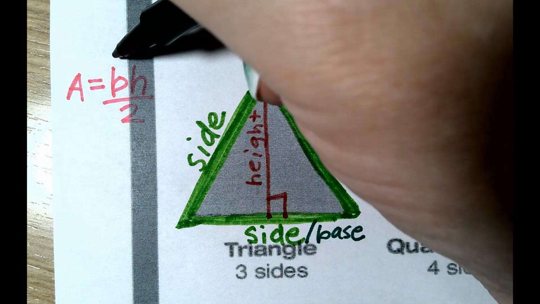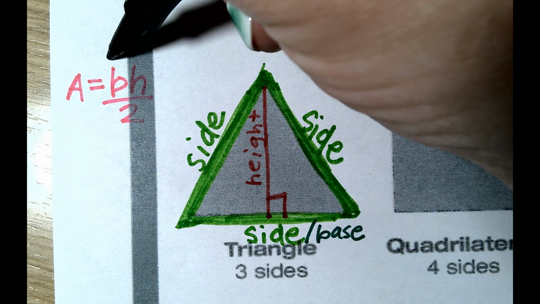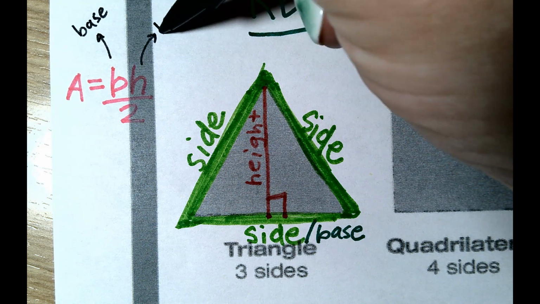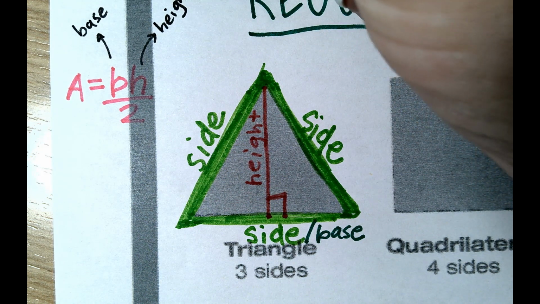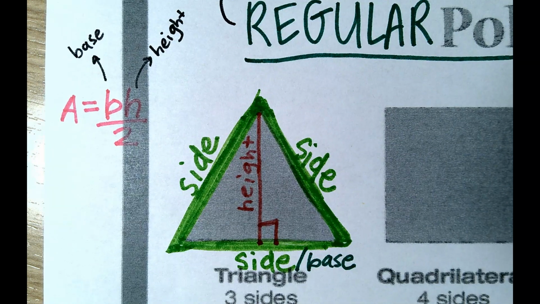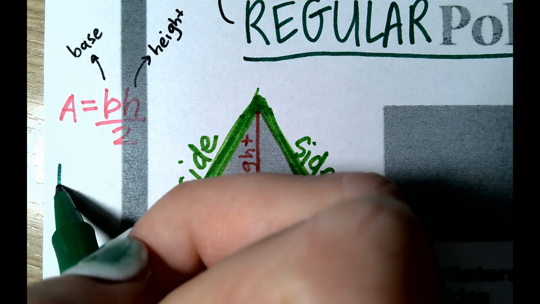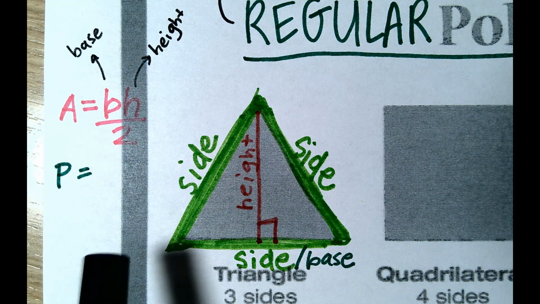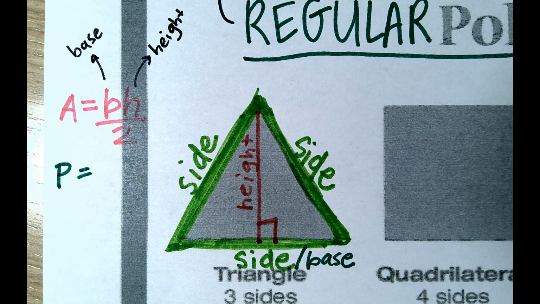Okay. So that's base, height. Base times height divided by 2. That's our area. Our perimeter is, we can say S plus S plus S for side, side, and side.